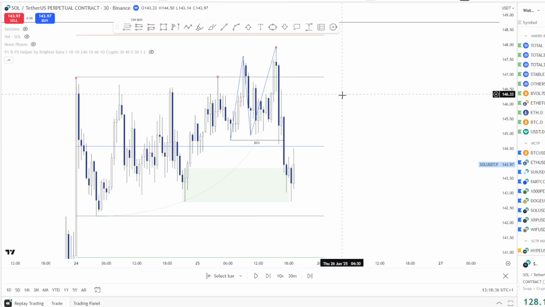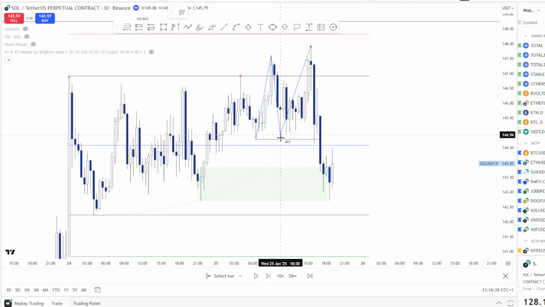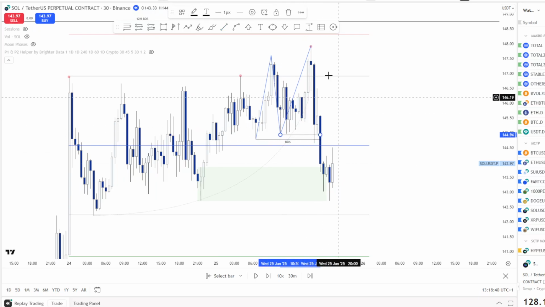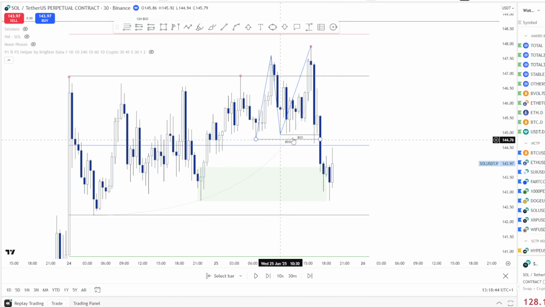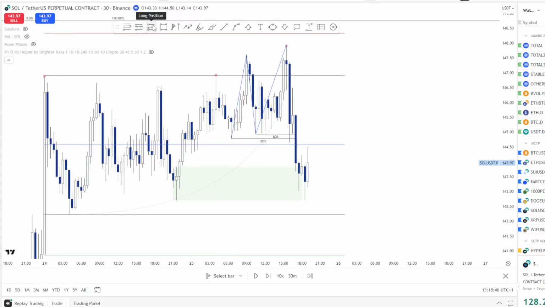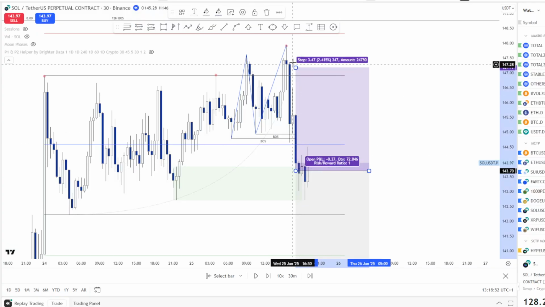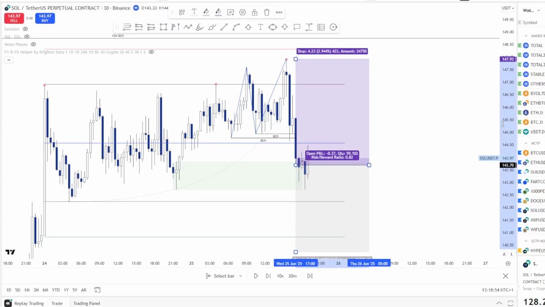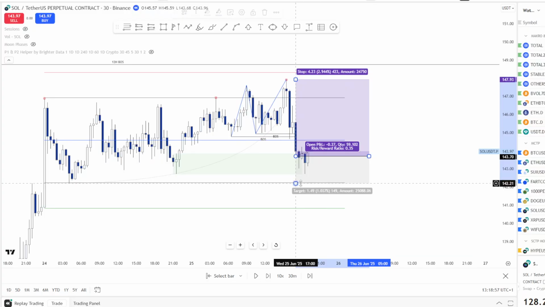So the 30-minute broke here, but basically this is the same as this. So if you would wait for the 30-minute market structure break, you would enter down here. So this risk to reward is not there.